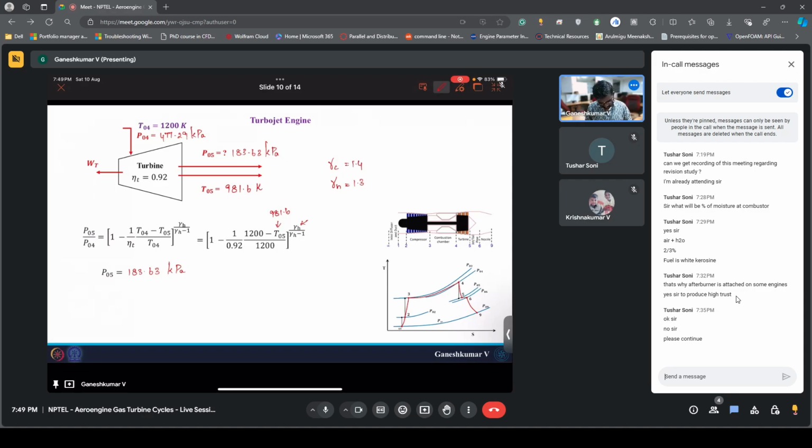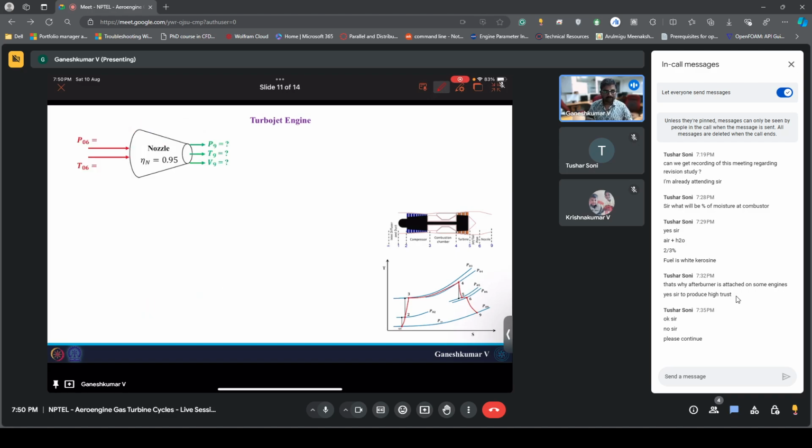All right, so this is about the turbine. The next is tailpipe. There is no losses, so P06 will also be same as P05. We'll just write that down for the sake of completeness.